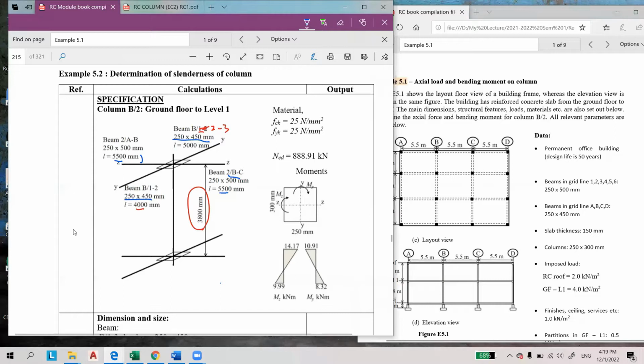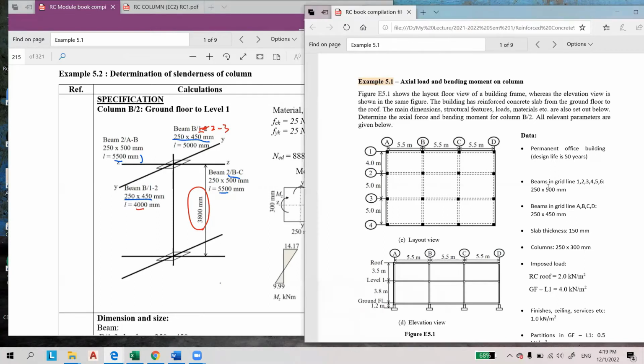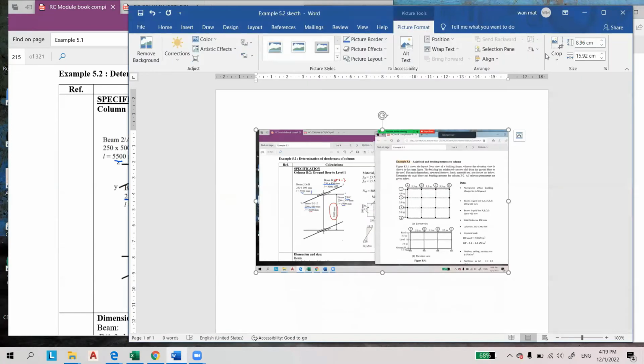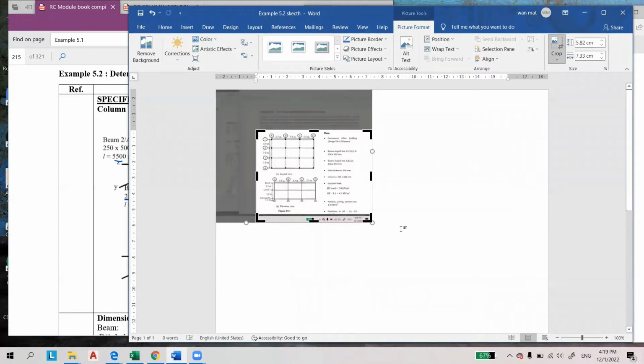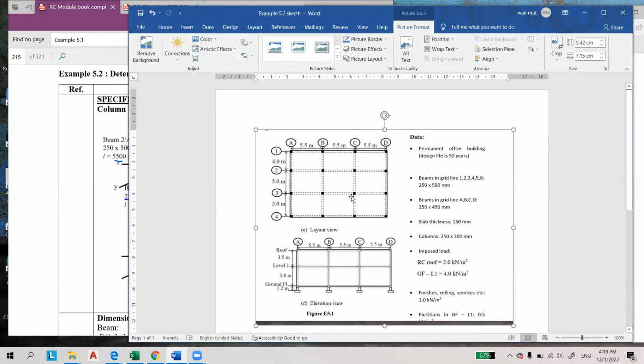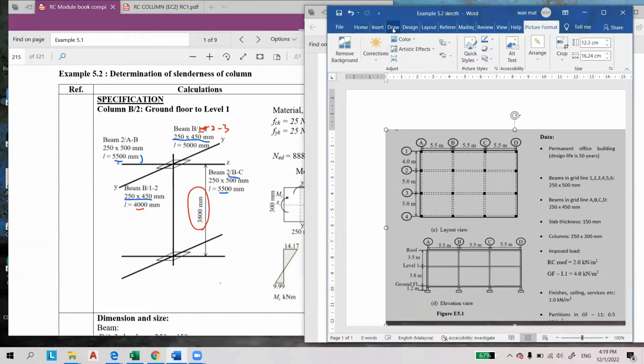It is better for us to screenshot this and do it in Word. If you have questions, you can stop me. So this is the beam number.